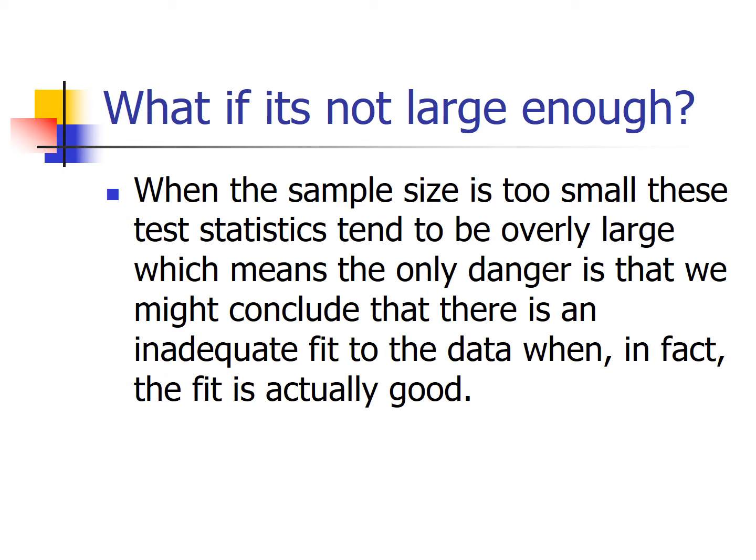These test statistics tend to be overly large, which means that the only danger is that we might conclude that there's an inadequate fit to the data when in fact the fit is good. So the only danger is when we conclude an inadequate fit. If we have a small sample size and we conclude that there is a good fit, then we're okay.